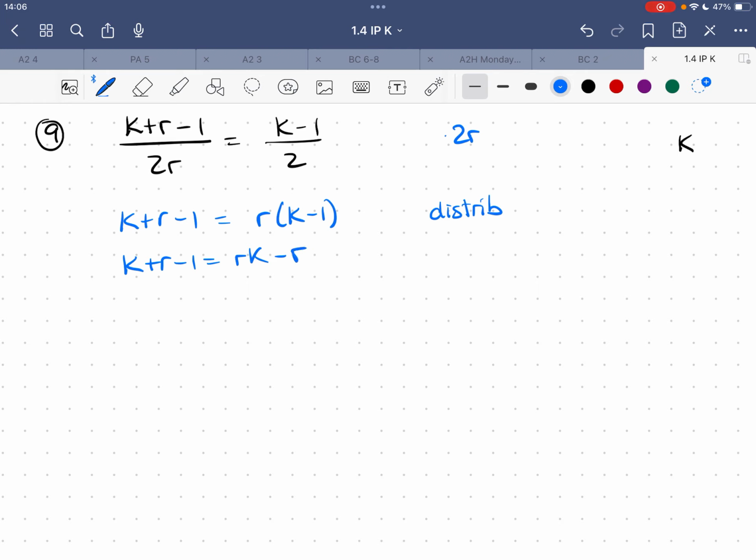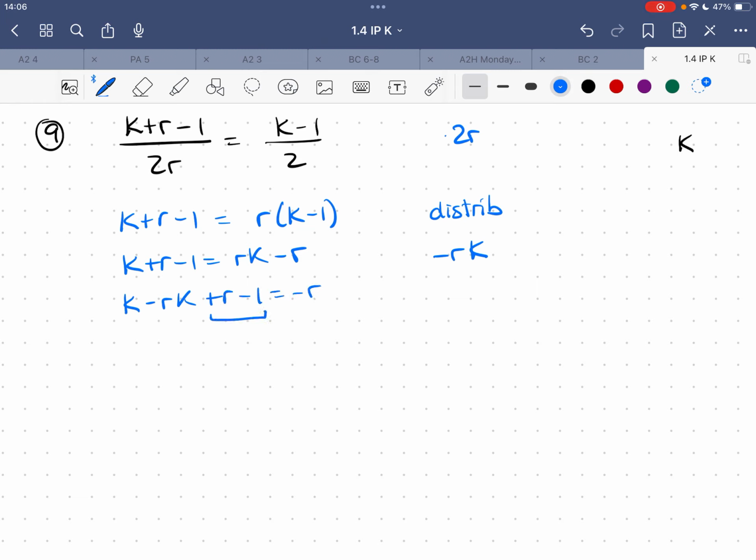And now, as I solve for k, I still see, again, that I have k here and here. So probably I want all of those on one side. So I'm going to subtract rk. You could be adding k also, maybe that's easier, but it's fine. So k minus rk plus r minus 1 equals negative r.